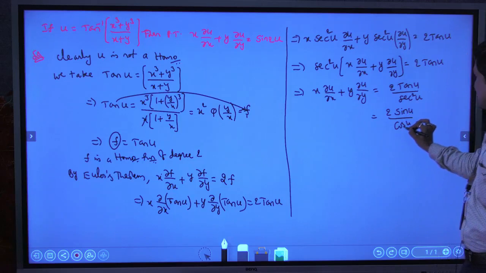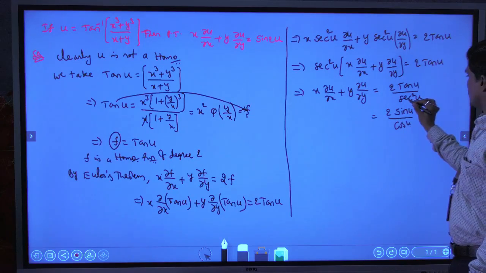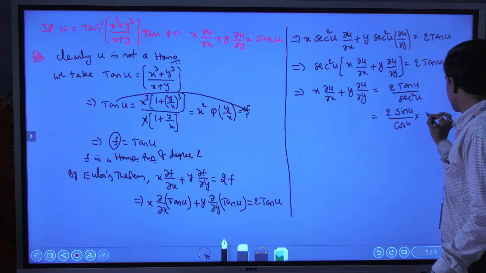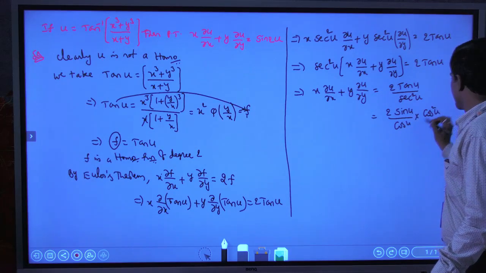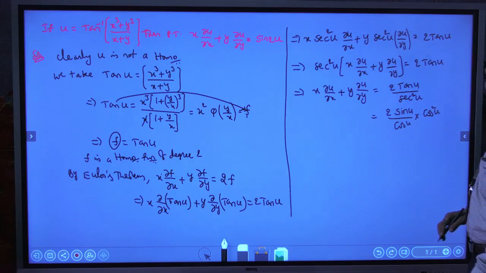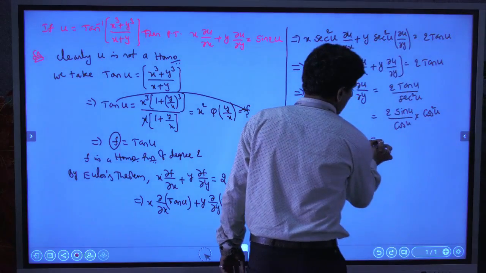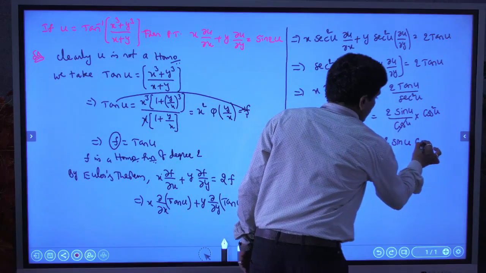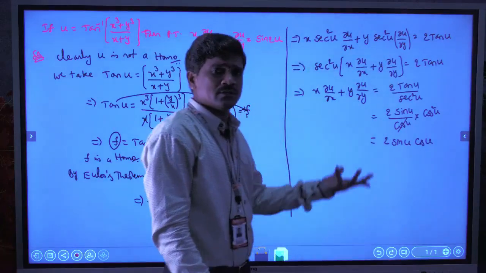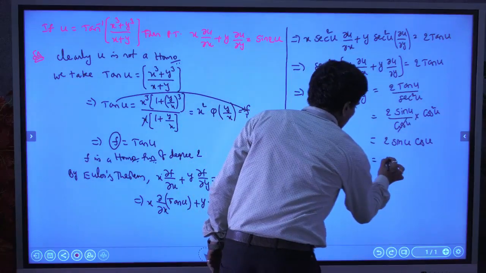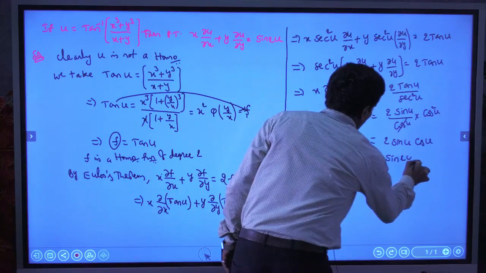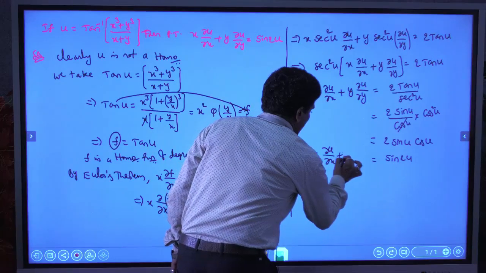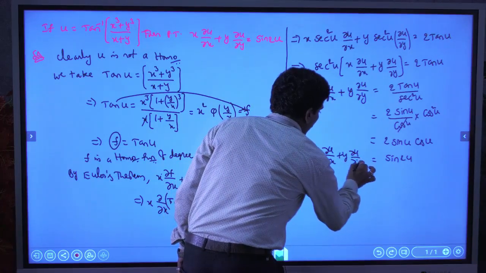So 1 by cos square u, reciprocal is cos square u. Now here one cos cancelled. So what we get? 2 sin u cos u. But what is 2 sin u cos u? That is clearly sin 2u. So now this is x dou u by dou x plus y dou u by dou y.